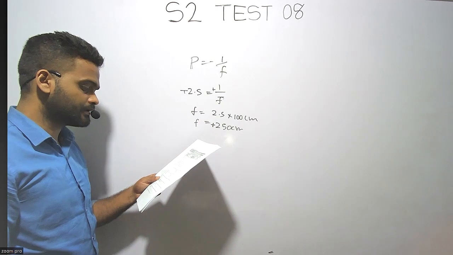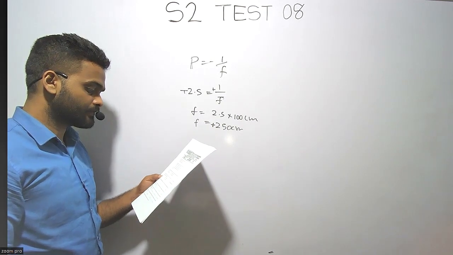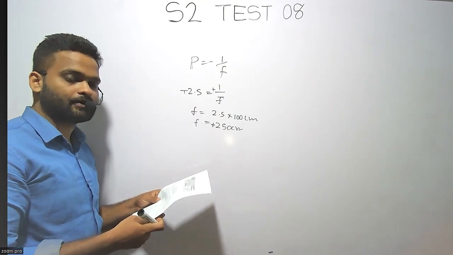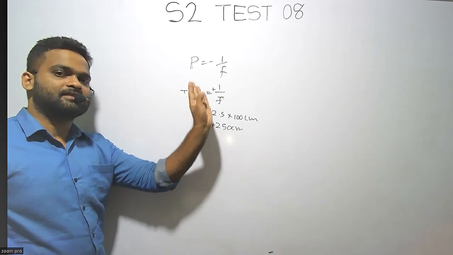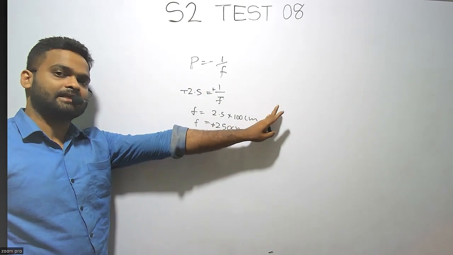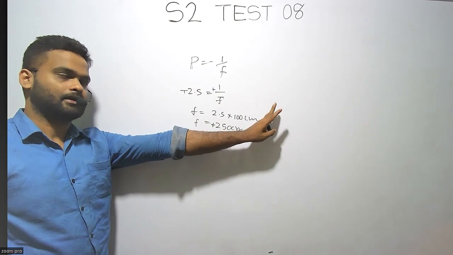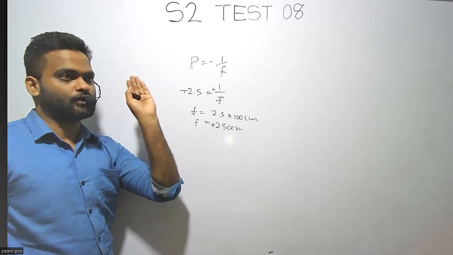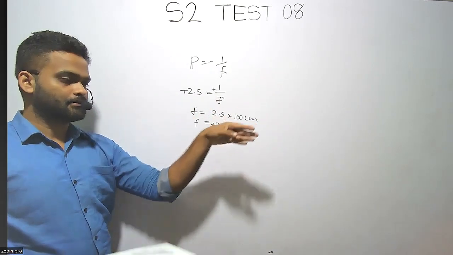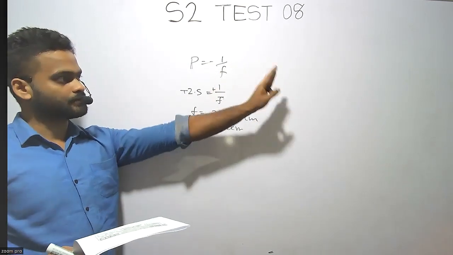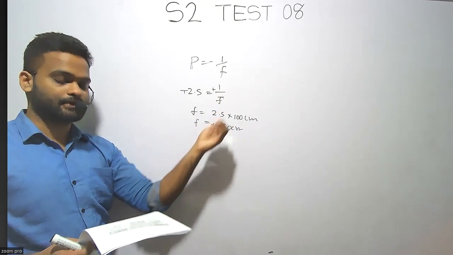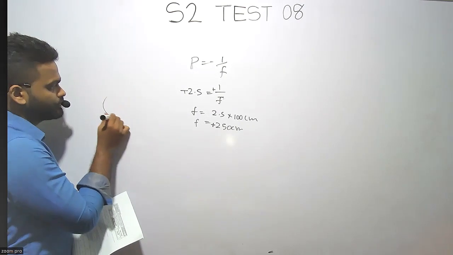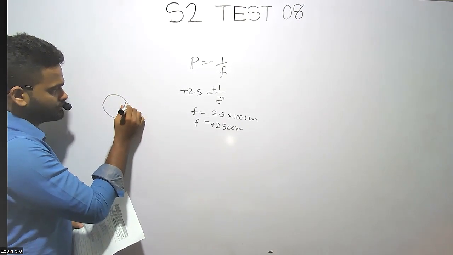So what they ask is the far point. Far point means the maximum distance that the naked eye can see, right? Meaning it is the furthest point. For a healthy eye, the furthest point is infinity. But for an eye with defects, the furthest point is less than infinity. Okay, so we now find this one. Let's draw an eye to clarify this.